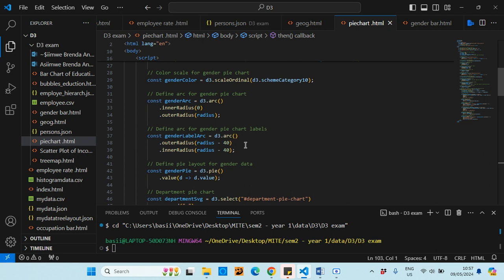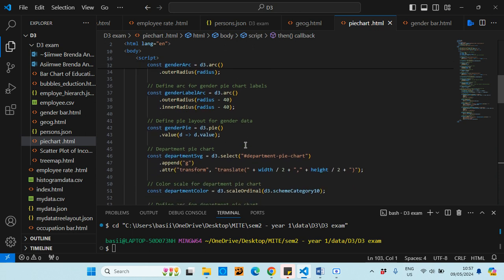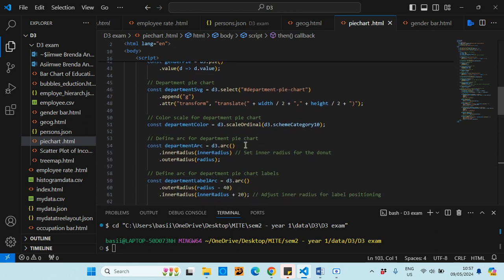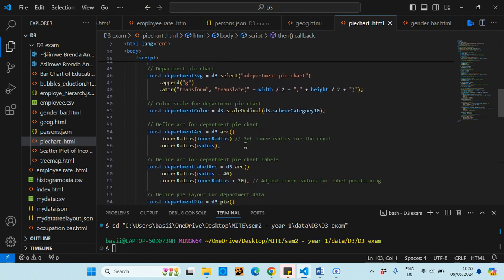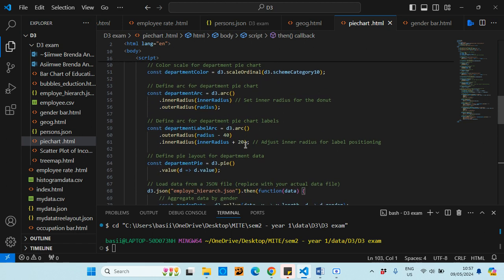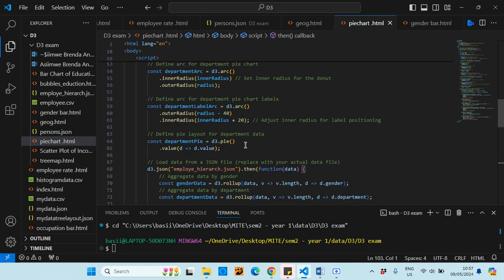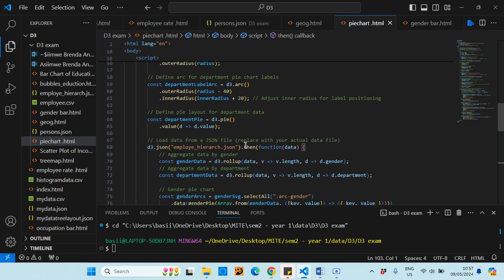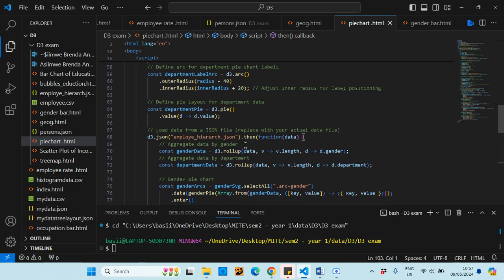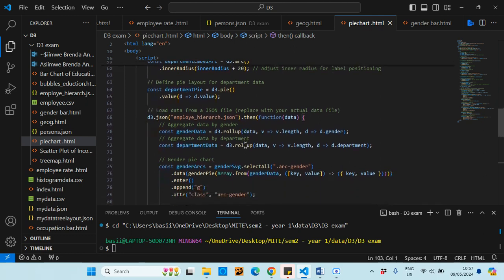Then here we get the labels for those slices, and also position them. So we basically do the same thing as for the department, where we get the inner radius and the outer radius, that is us creating the arcs, the slices, then the labels for the arcs. Then we also have a color scheme that we follow for the arcs.